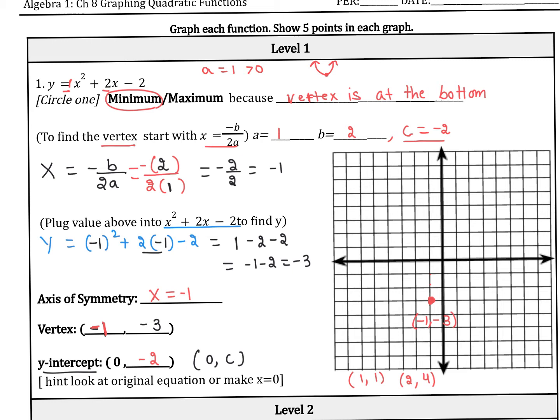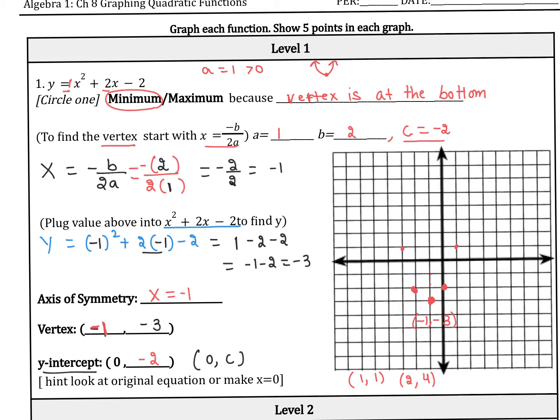You can plot it here and mirror it to the other side. Or you can apply the 1, 1, 2, 4 formula. So this is going to be 1, 1, and for the 2, 4: 1, 2, 3, 4, this point.